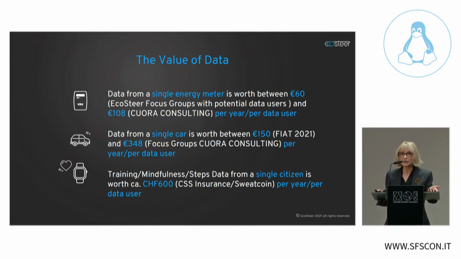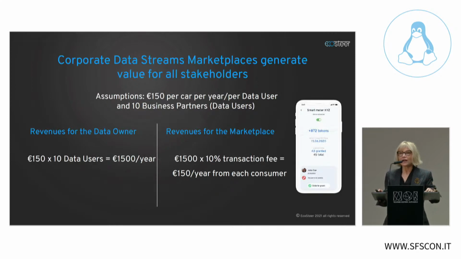And there are Swiss insurance companies that compensate their customers with up to 600 Swiss francs for sharing their vital data generated by wearables, for example. So implementing a decentralized approach means that all stakeholders will actually participate in sharing the value of data in data streams marketplaces.